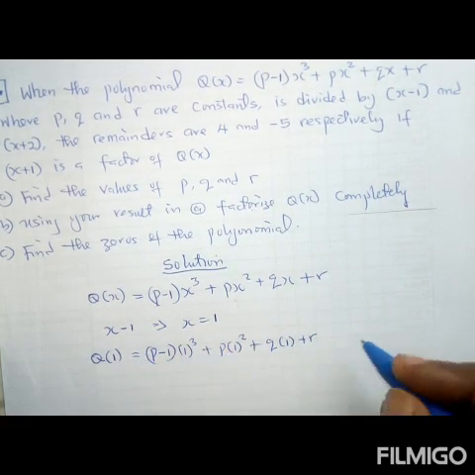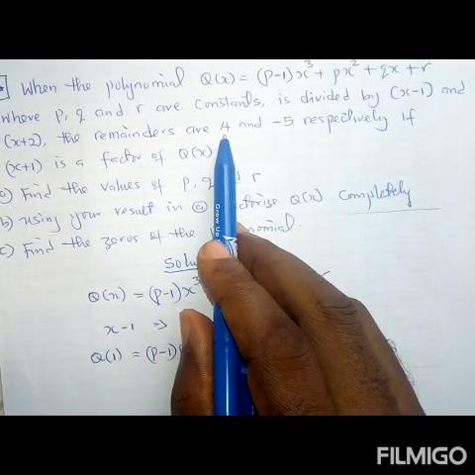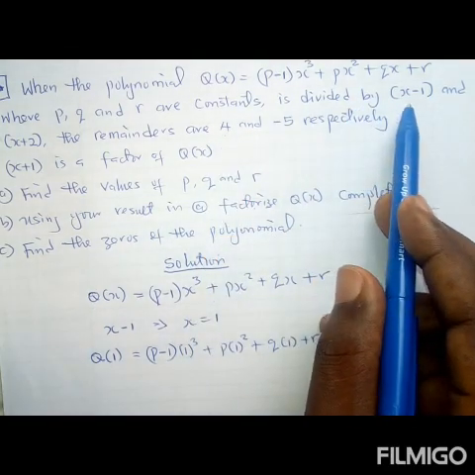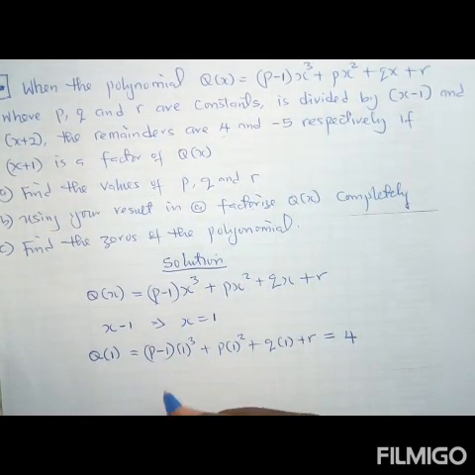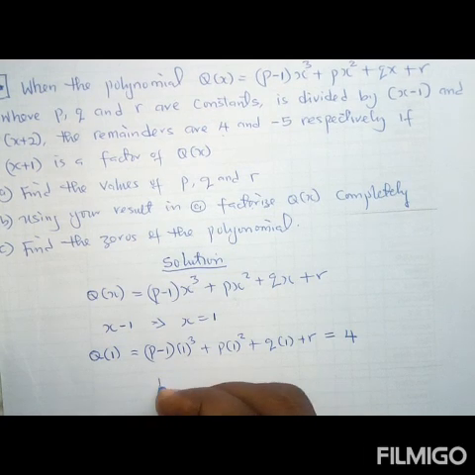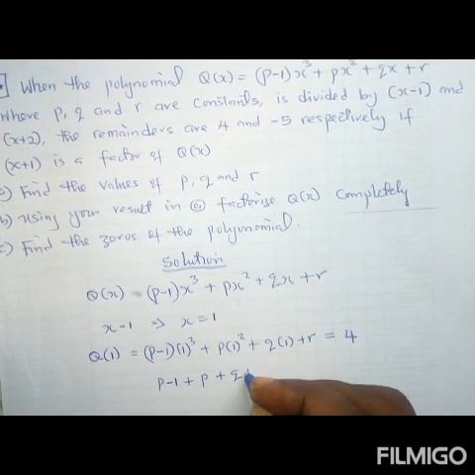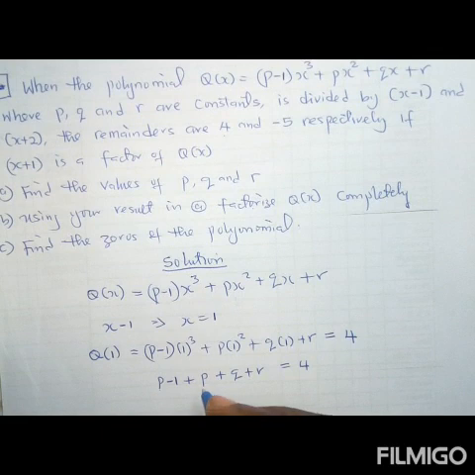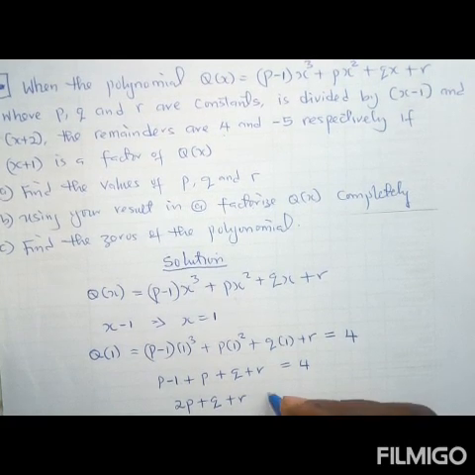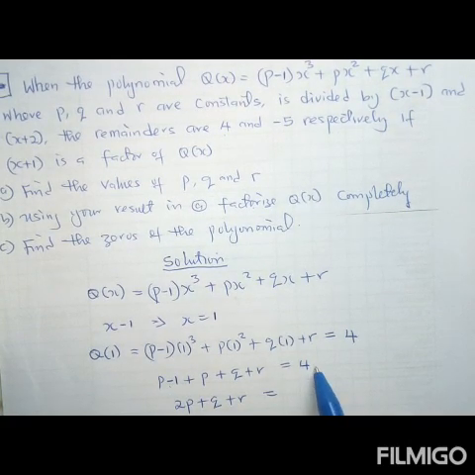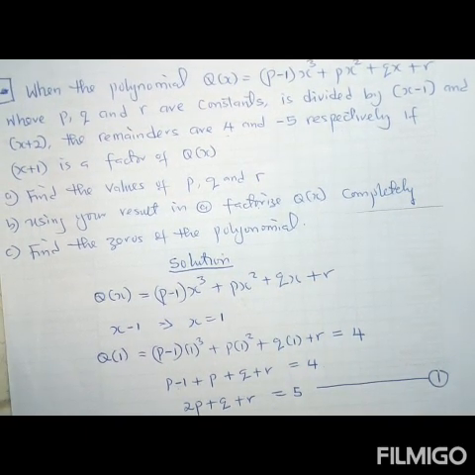According to remainder theorem, whatever you get here is the remainder, and they said the remainder is 4. So when you simplify this expression, you have p minus 1 plus p plus q plus r to be 4. This gives 2p plus q plus r is equal to 4 minus, we move the minus 1 across as plus 1, that will make it 5. You establish one equation, equation 1.